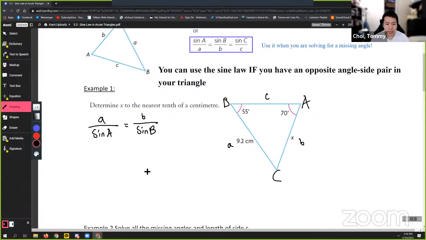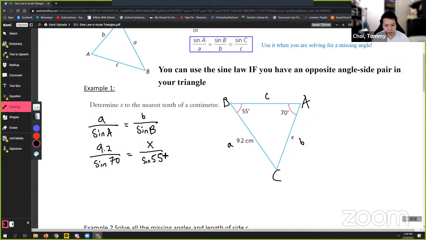Once we have that written down, we plug in our missing values. 9.2 over sine 70 is equal to x over sine 55. Voila.